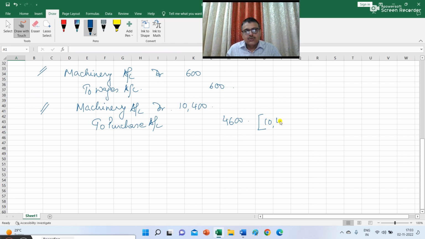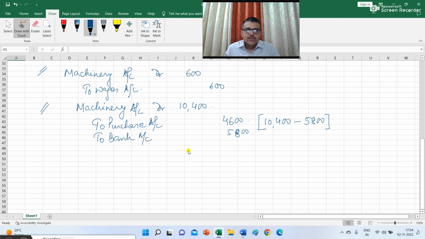That is, 10,400 was the purchase cost, less the sale value of the old machinery of rupees 5,800. So only 4,600 was passed and it was debited to purchase account. So machinery account debit 10,400, to purchase account 4,600, to bank account 5,800. This is the rectification journal that you have to pass when you are preparing the final account of the concern.